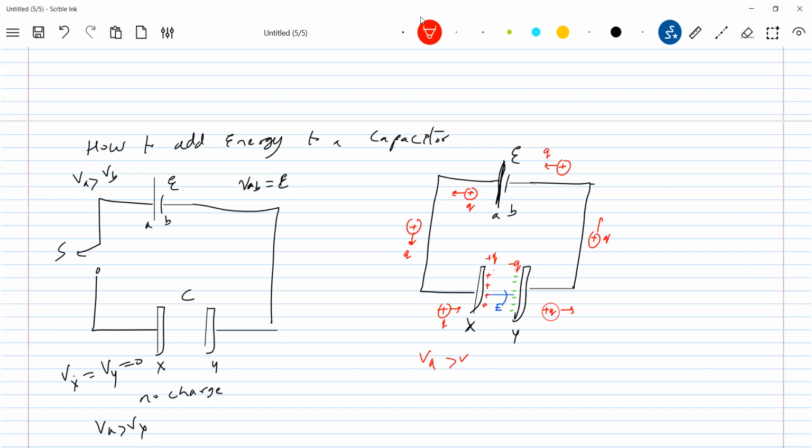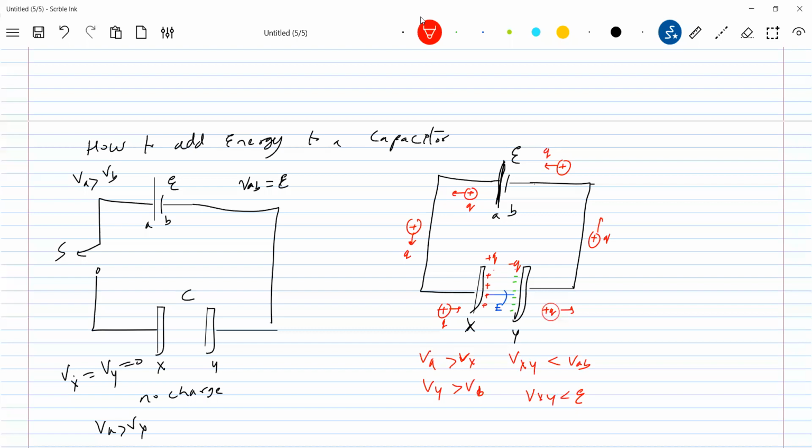Because Va greater than Vx and Vy greater than Vb. This is what happens. That's why there's a flow of charge. And if you calculate Vxy, it will be less than Vab or the applied EMF. How long will this flow of charge occur? As long as Vxy is less than the applied EMF.